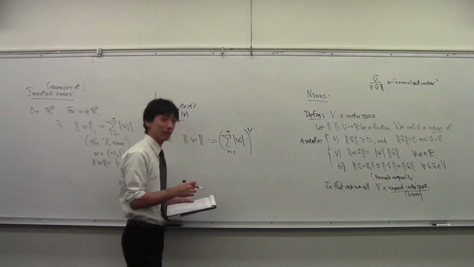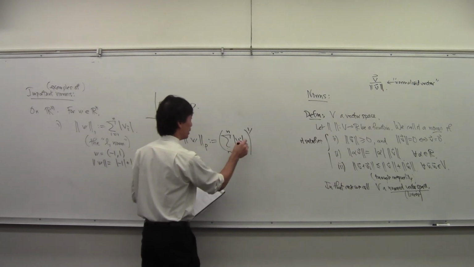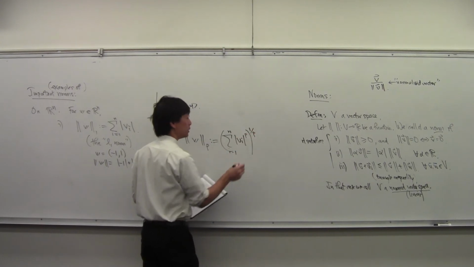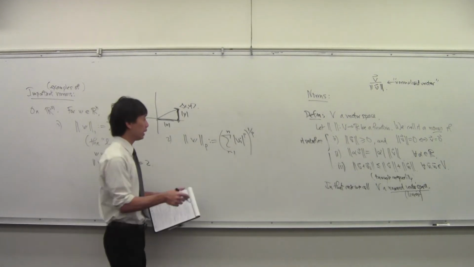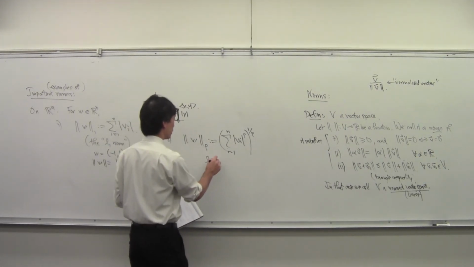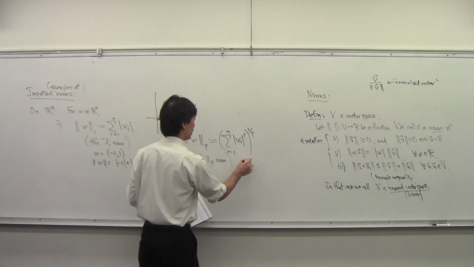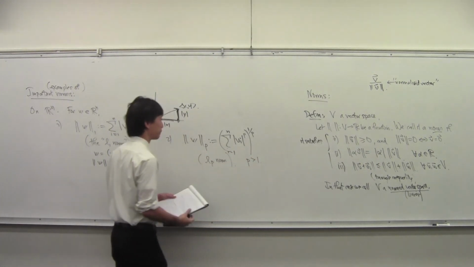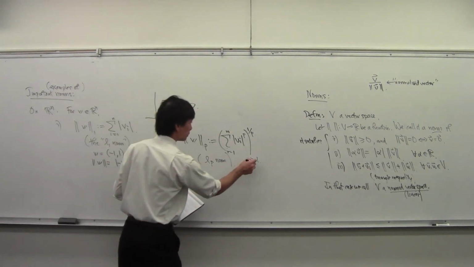Well, actually, there's a lot special about the 2, but we can't get into that. You could replace the 2 with some general number p, and so this is the little Lp norm for p bigger than or equal to 1.